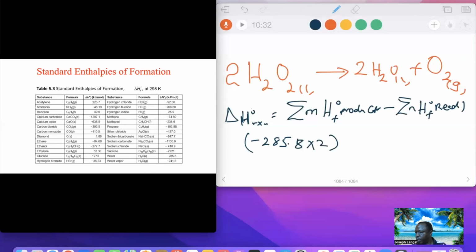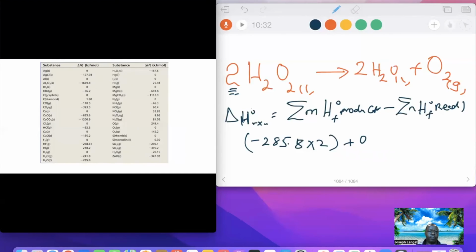Because of what? Because of the 2 in the balanced equation. Plus 0 for oxygen. I'll give you that, or I'll look at the question. If need be, I may also give you that for an element.